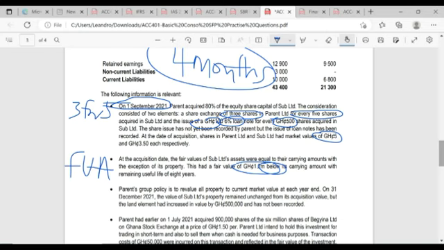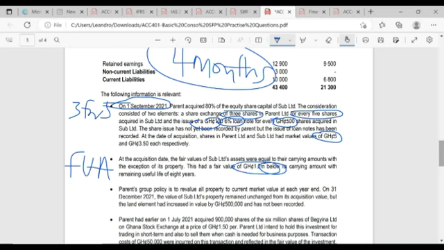So the book value is higher than the market value, and we must reduce that asset to its market value. So it's not always an addition. In this case, 1.2 will be deducted.